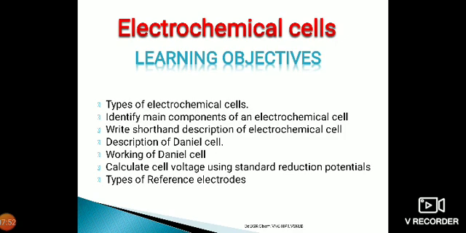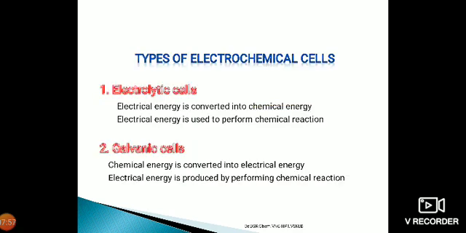And in the next part we are studying the types of reference electrodes. As we discussed earlier, we have two types of electrochemical cells, electrolytic cells and galvanic cells. In electrolytic cells, electrical energy is converted into chemical energy, and electrical energy is used up to perform a chemical reaction.